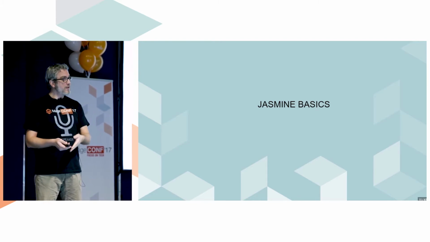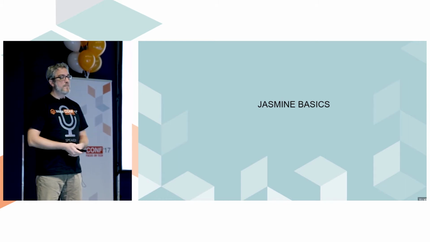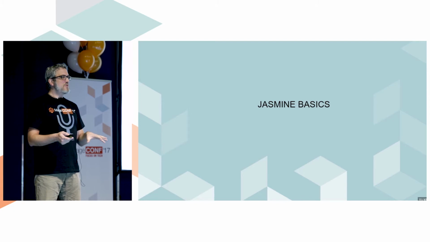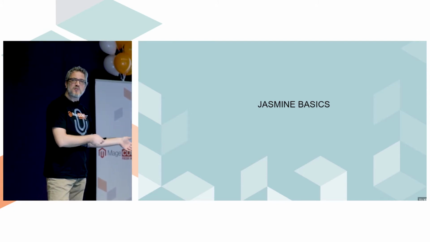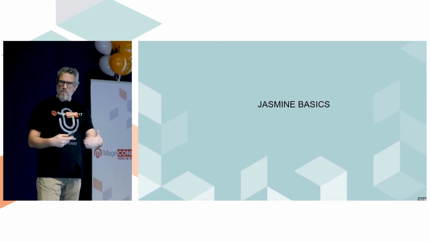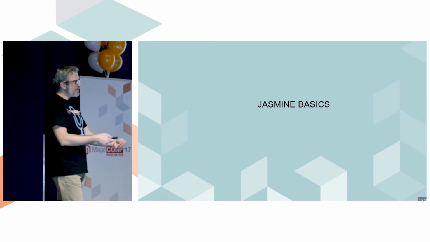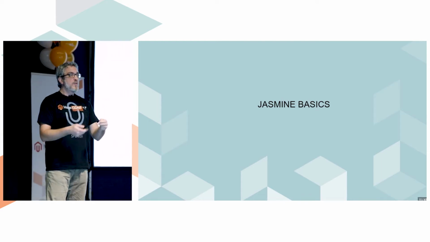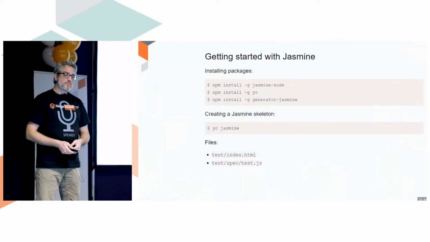So Magento has written JavaScript tests and has used Jasmine to actually get there. But I'm cheating a little bit. I'm not going to show real Magento code. I'm just going to go back to the basics of Jasmine to show you actually how JavaScript code could be tested with Jasmine without any Magento being involved.